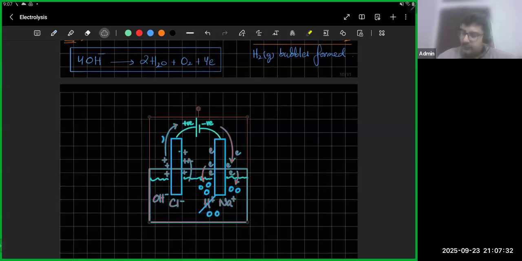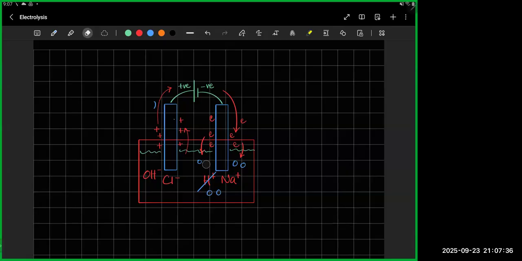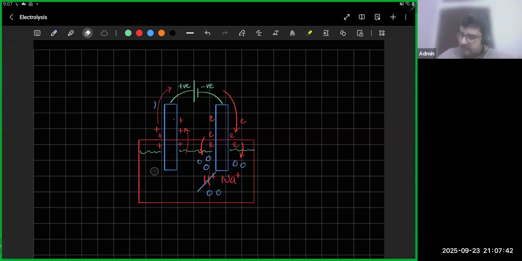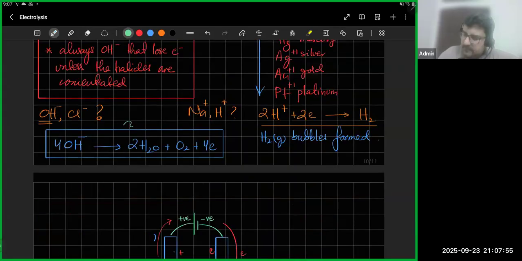Next one, for aqueous solutions, we're going to do a couple of them. NaCl will remain unreactive in this. I will also write that colorless bubbles of O2 gas would be produced.